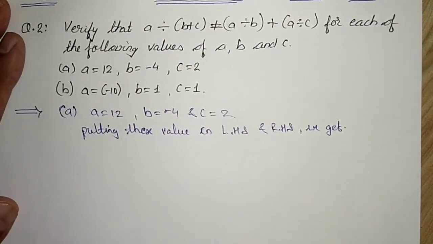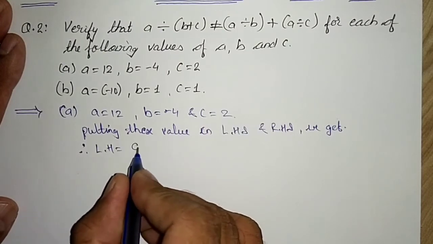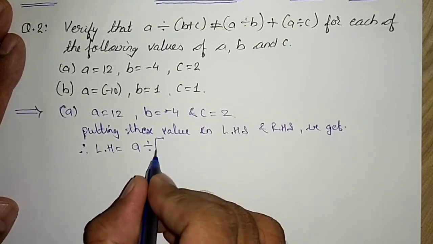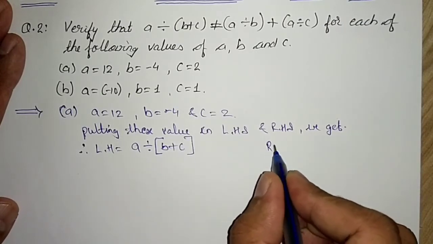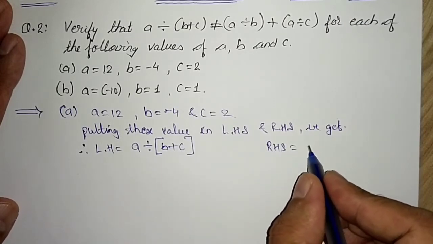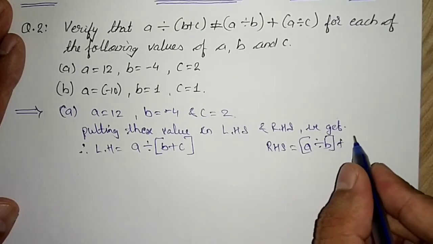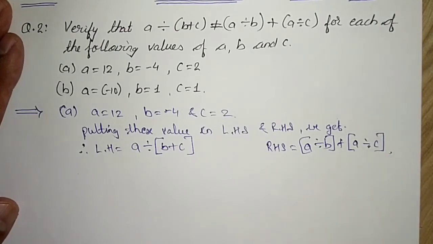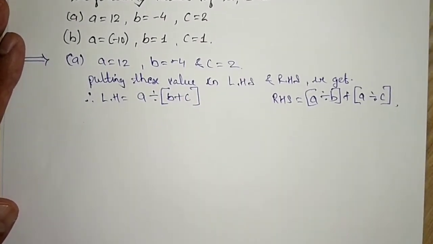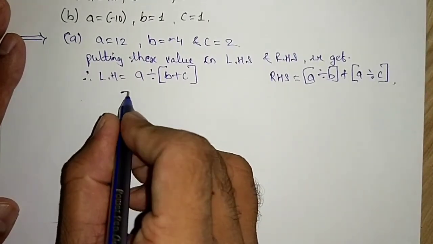What is LHS first? Therefore LHS is equal to a divided by (b plus c). And what is RHS? RHS is equal to a divided by b plus a divided by c. We will put the values of a, b and c in LHS and RHS and see what happens.